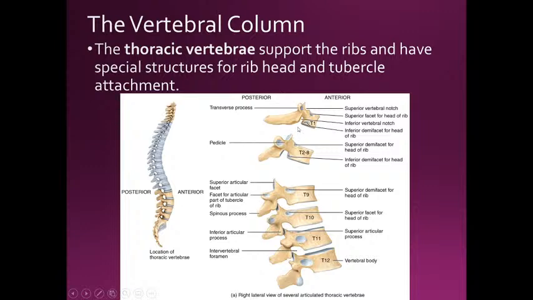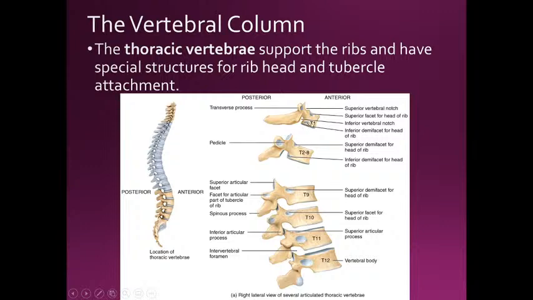Why is that significant? Well, what it means is that rib 2 articulates with the transverse process of T2. Back here, there's a whole costal facet right here. It also means that it articulates with the demifacet of T1's body and the demifacet of T2's body.